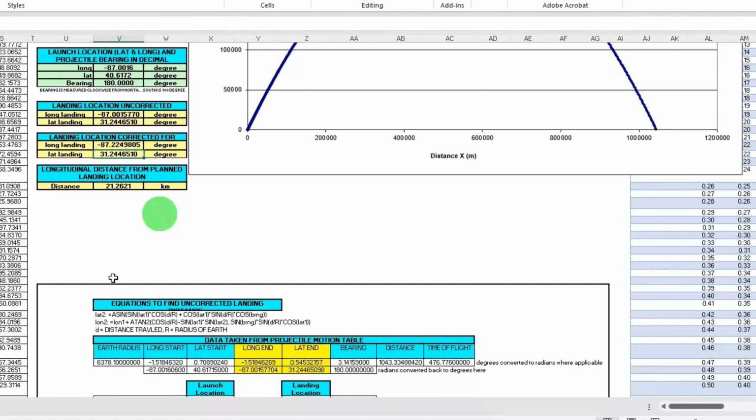So based on the correction, the projectile is in this case going to end up west of that one location by about 21.25 kilometers. Let me show you how I've made these corrections to show where they land.